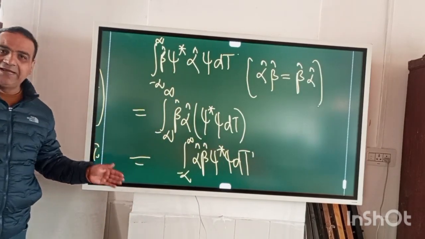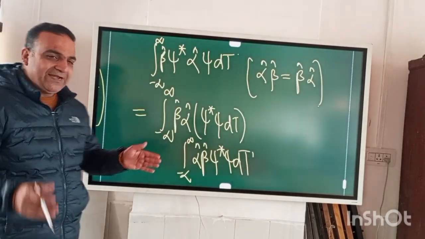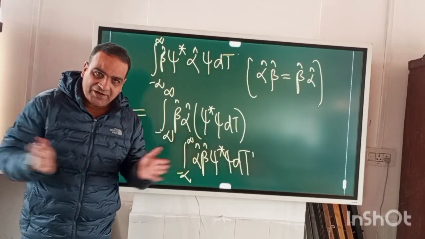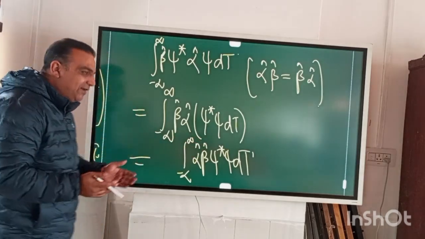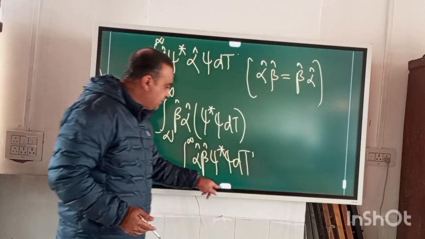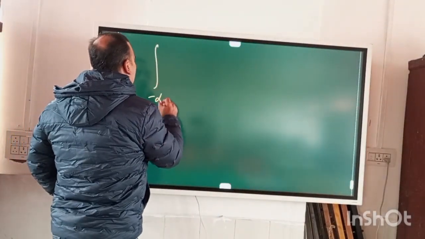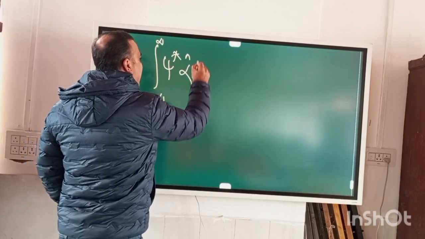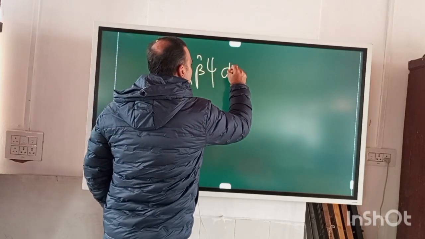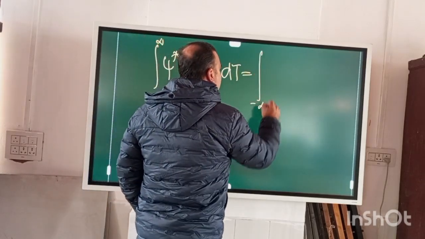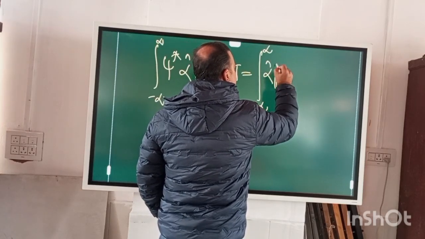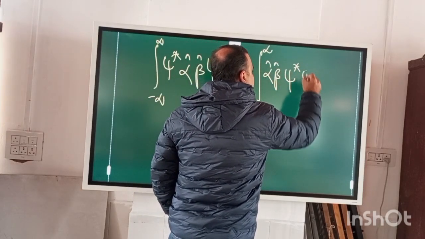So this way what we have done is we have proved that if we have two Hermitian operators, alpha cap and beta cap, and you take the product of these two Hermitian operators, their product is also Hermitian. So the result is obtained here. The result is: psi star, then alpha cap beta cap, and then psi d tau is equal to the integral minus infinity to infinity of alpha cap beta cap, psi star, psi, and d tau.